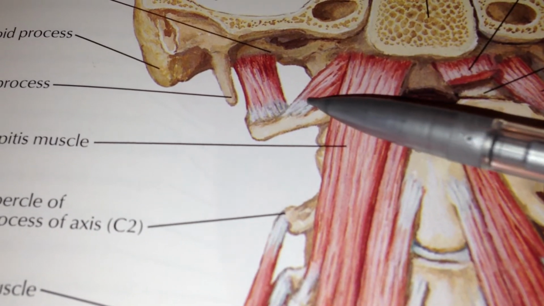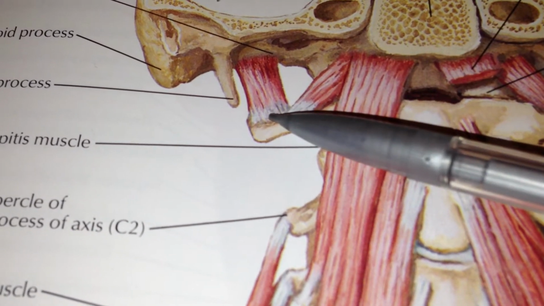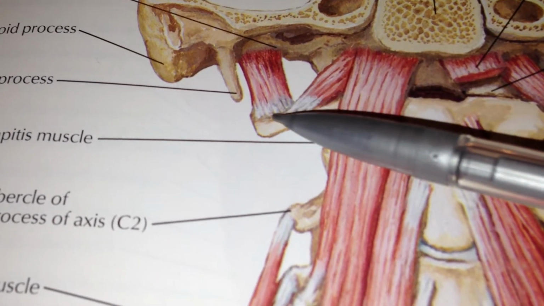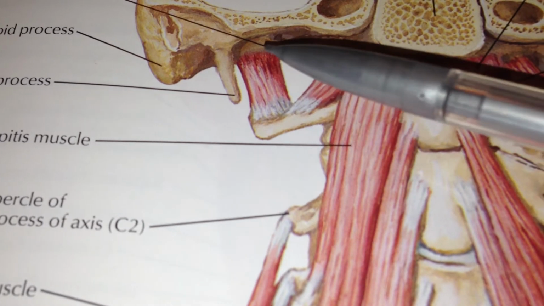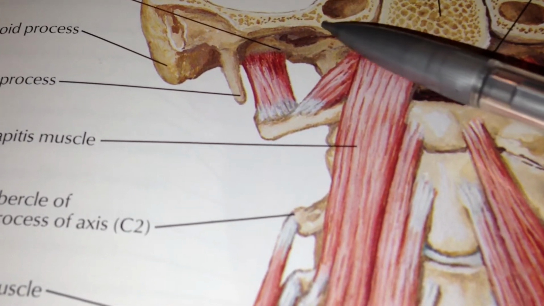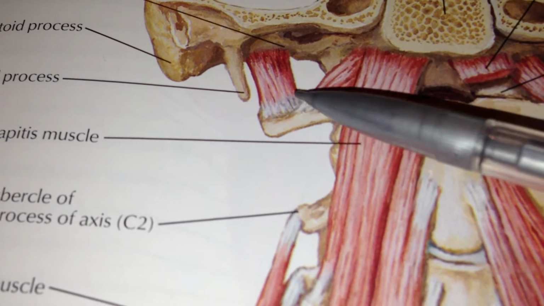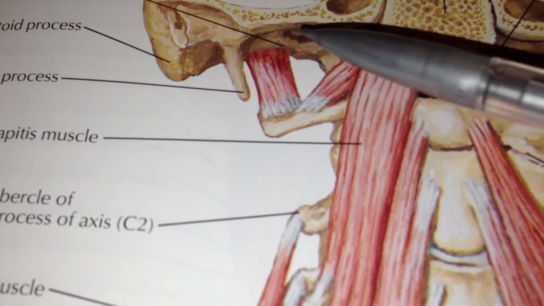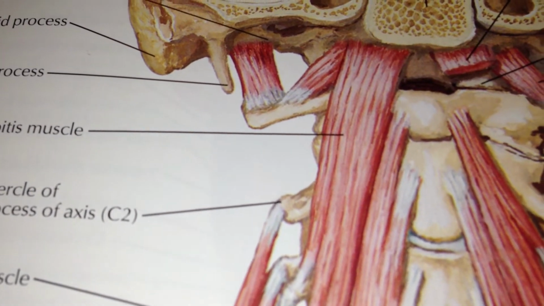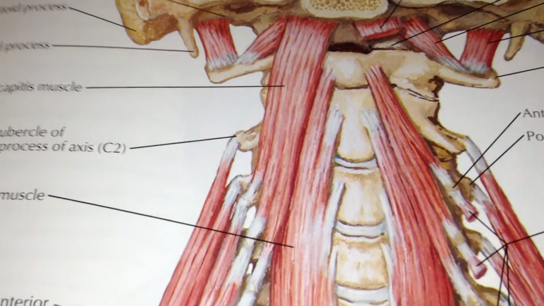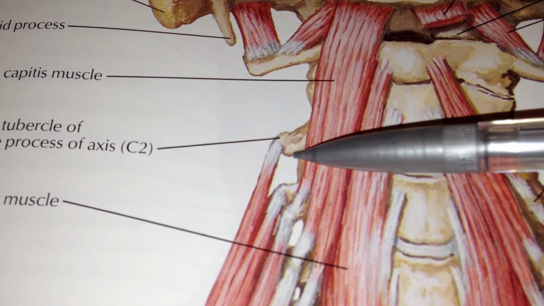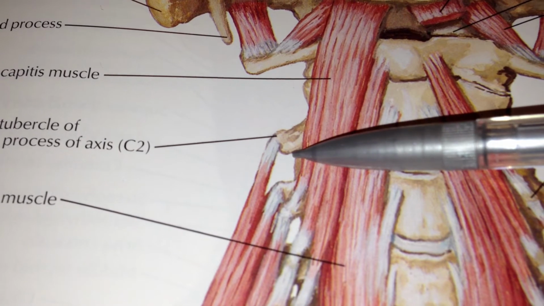Now the difference is the rectus capitis lateralis will originate on the transverse process of the atlas and will insert onto the basilar part of the occipital bone, but will insert laterally to the occipital condyle.